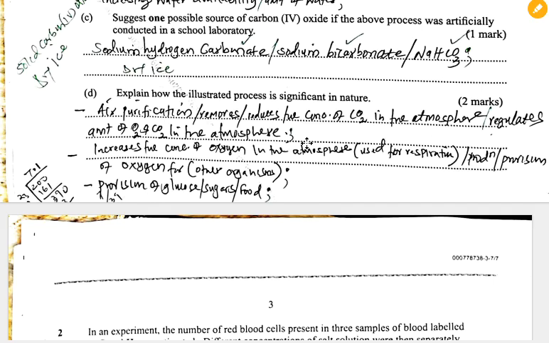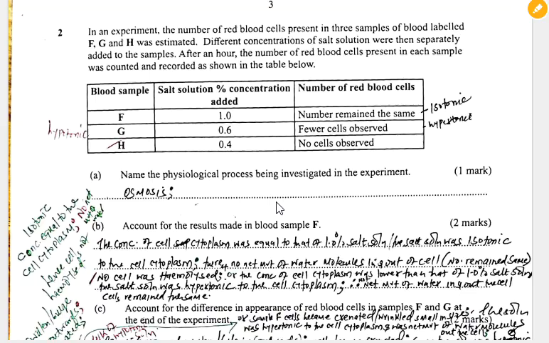Apart from that, it increases the concentration of oxygen in the atmosphere, which is used for respiration or production of glucose. That is another importance of photosynthesis. Remember, the oxygen is given out as a byproduct, and it is used in respiration to yield energy for animals. Question 2.